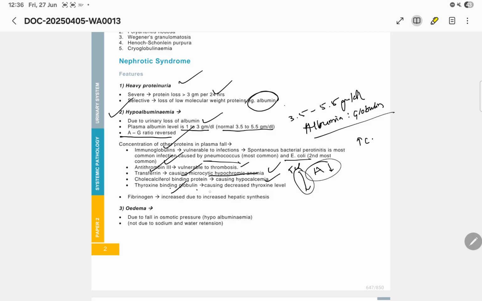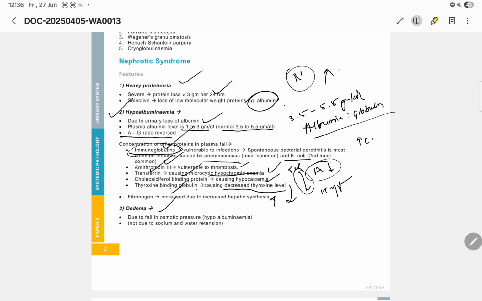And reduced thyroxine binding globulin causes a decreased thyroxine level, which might cause hypothyroidism. Then fibrinogen is increased due to the infection.